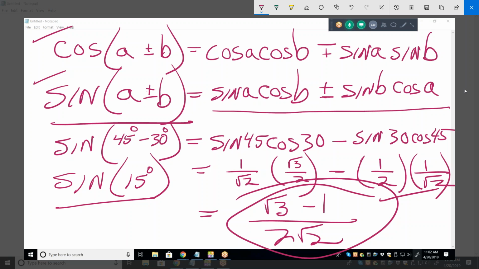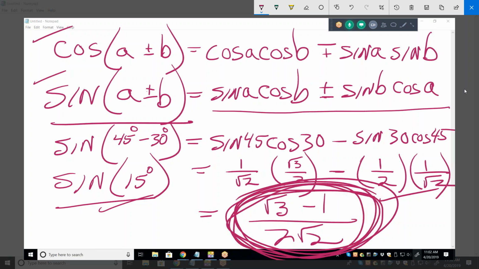It's a TI-85. So you can put that in, but it's probably not going to give you that answer. It's going to give you a decimal approximation, and they don't want that. They want an exact answer. That's why they have you use these formulas, as opposed to just looking it up in your calculator.